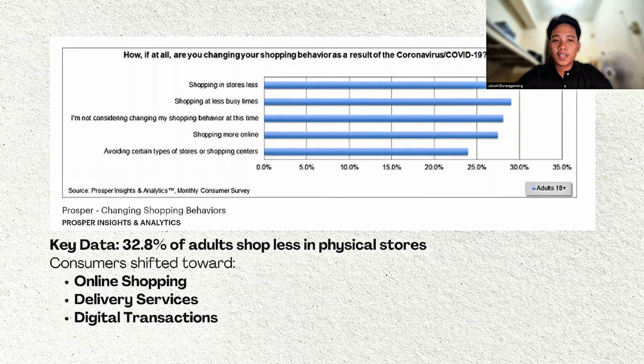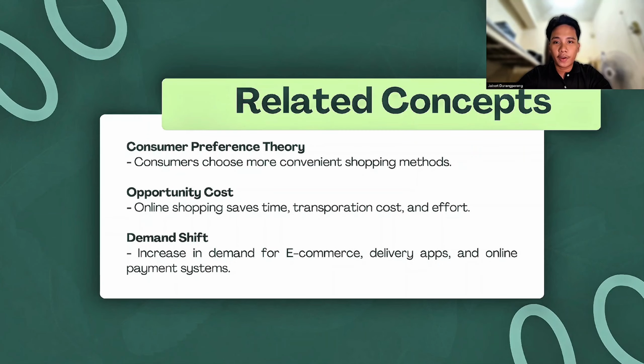In the article, it also presented related concepts in analyzing microeconomics and consumer behavior. The graph relates to consumer preference theory, opportunity cost, and demand shift. This means that consumers prefer methods that provide greater convenience and utility. It also means that the time spent by consumers traveling to stores can now be used for work, study, or leisure instead of being stuck in traffic.